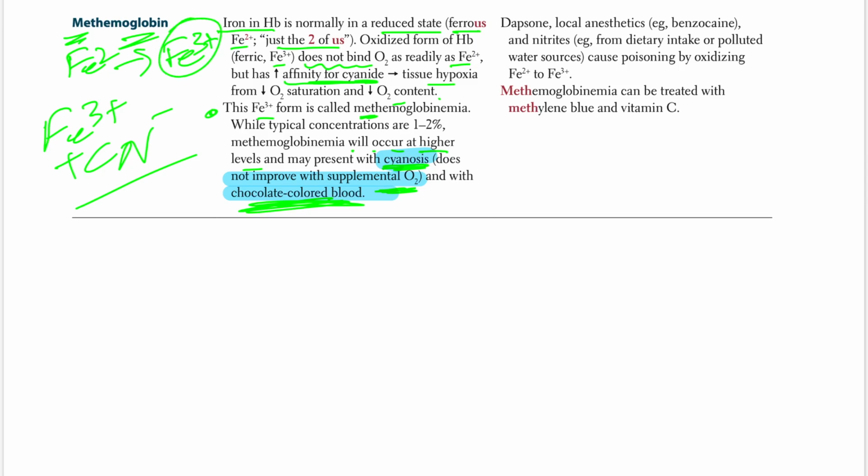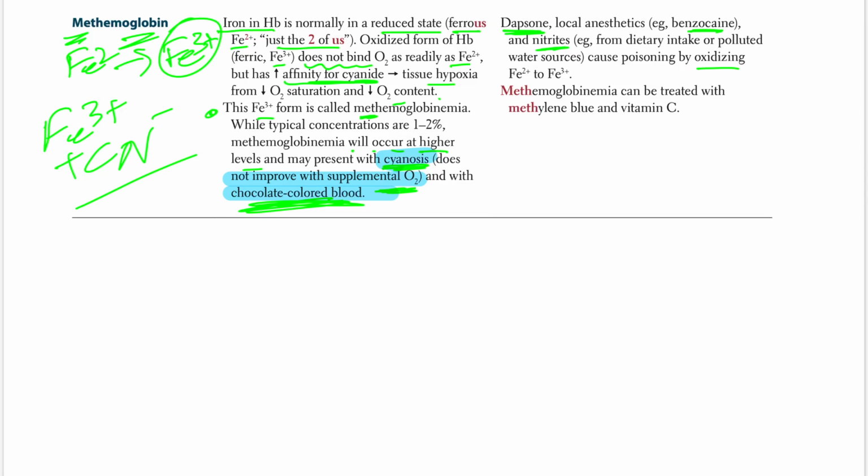What are the risk factors? Why did this happen? It happened because of dapsone, local anesthetics such as benzocaine, and nitrates, from dietary intake or a polluted water source, which cause poisoning by oxidizing Fe2 to Fe3.